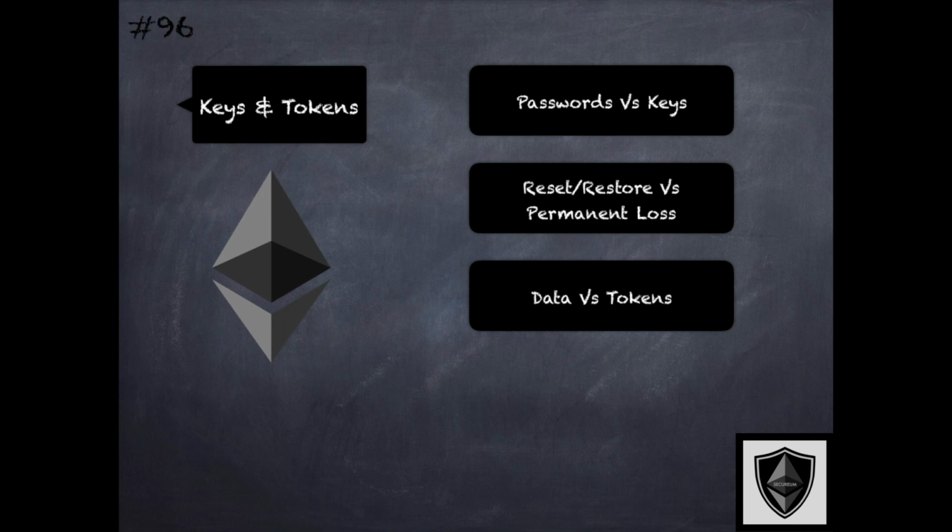Now let's contrast that with tokens that are used in the Web 3 space. Tokens used by protocols, or let's take the example of Ether or any of the cryptocurrencies.